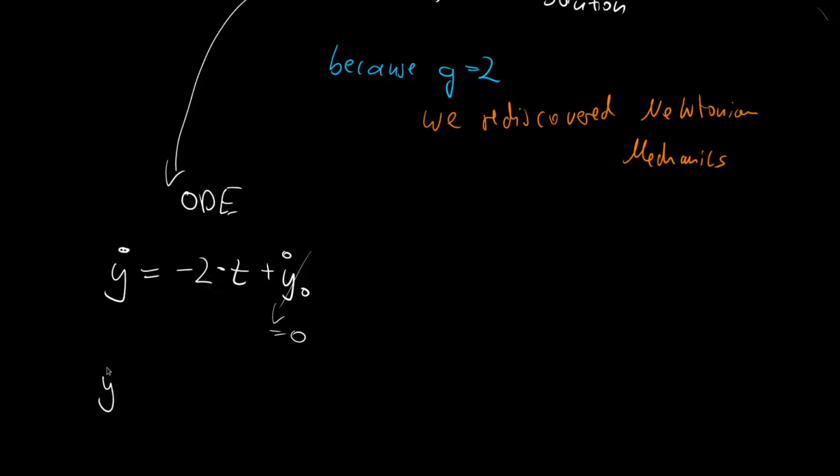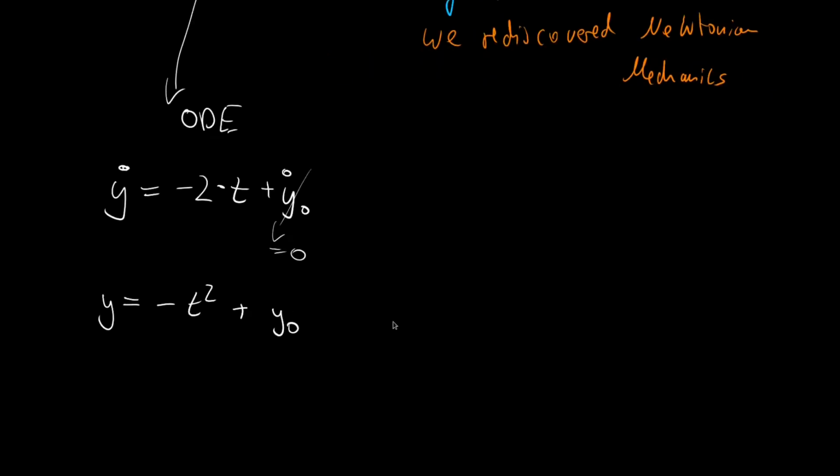Then we integrate again and we get no prime anymore, so just y, and we get minus t squared plus y0. And we know y0 was 1 because we started at the height of 1. And then y as a function of t is just 1 minus t squared.